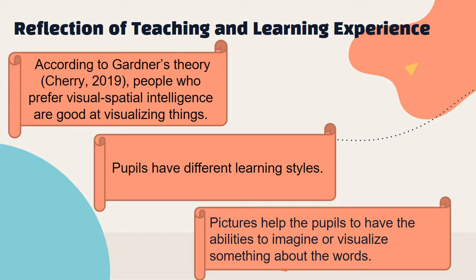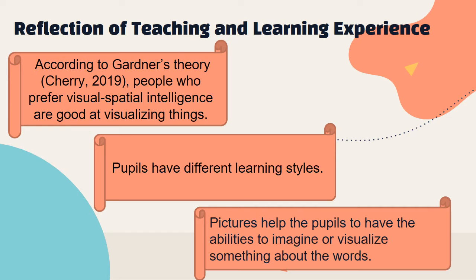When it comes to difficult words, I use pictures to help them understand better. From that, I realized that my pupils can learn better with the help of a picture. So in the next lesson, I used pictures to guide them in completing the worksheet that I wanted to teach about the vocabulary. The pictures help them to understand easily.